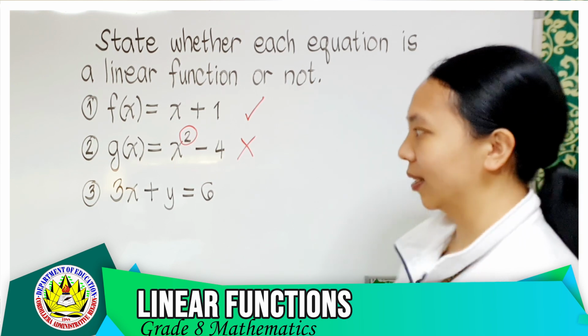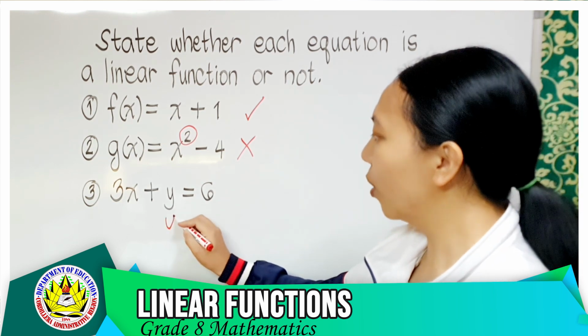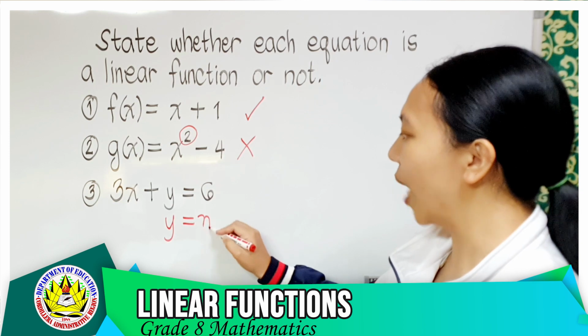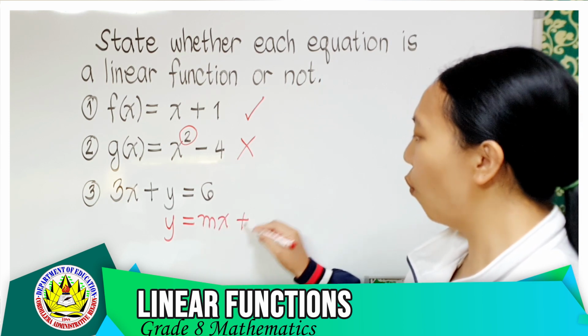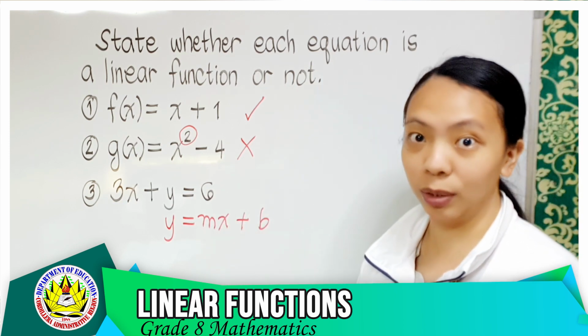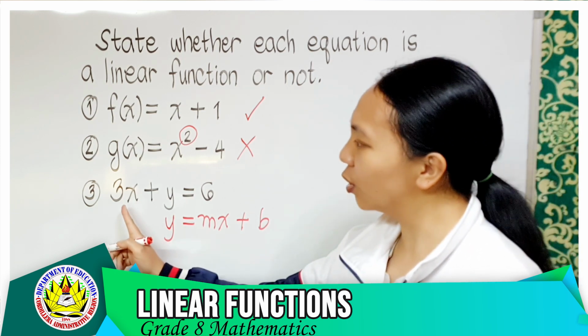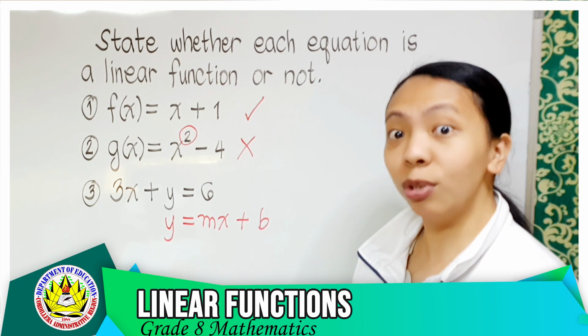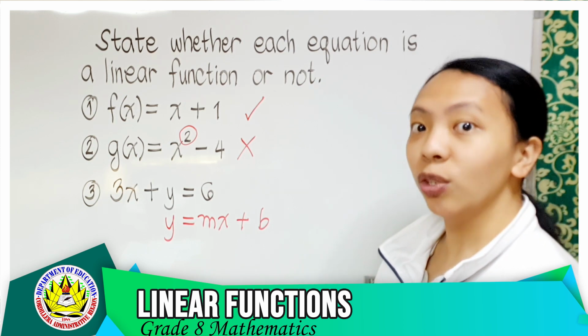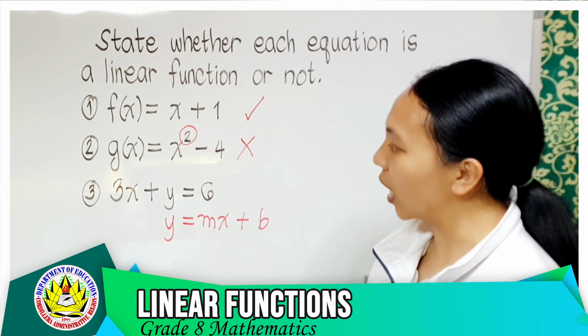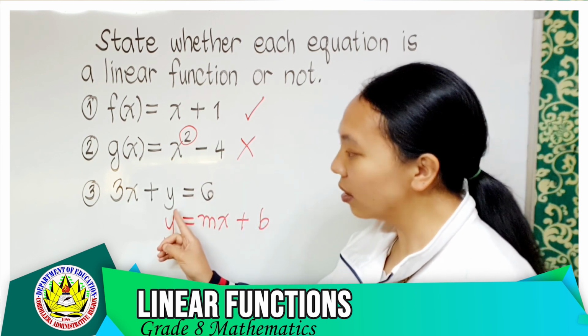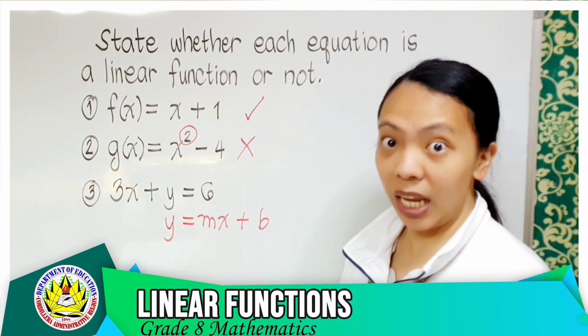Let's do that. Remember, our goal is to transform that equation in the form y is equal to mx plus b. Therefore, we need to transpose 3x to the right side of the equation so that it is only the y term which is left on the left side.